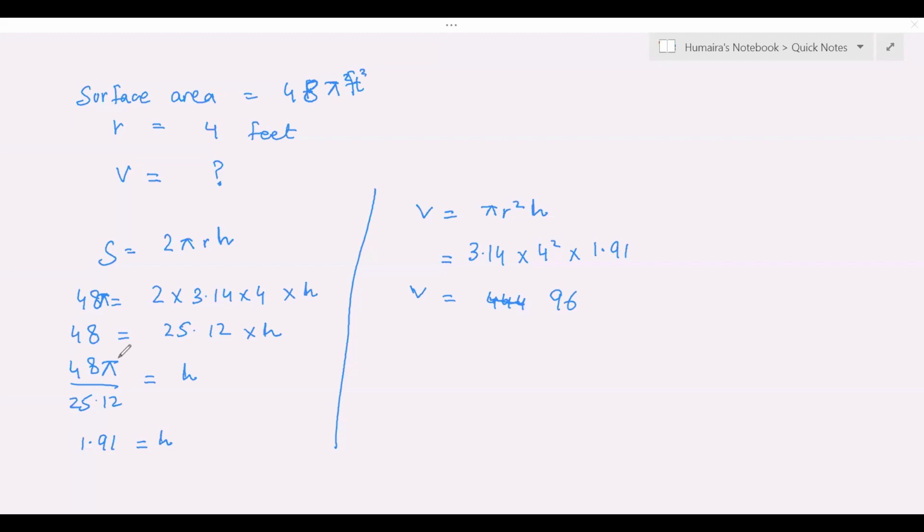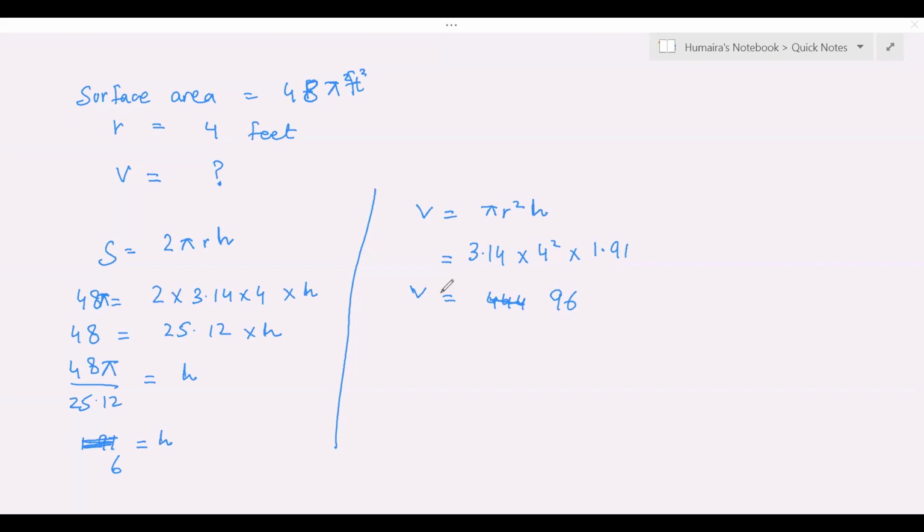It's not giving us the same answers. By the way, this one is 6. And when we put the values here, 16 times 3.14, it's giving us 301.44.